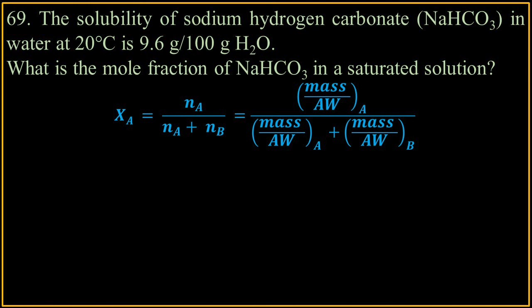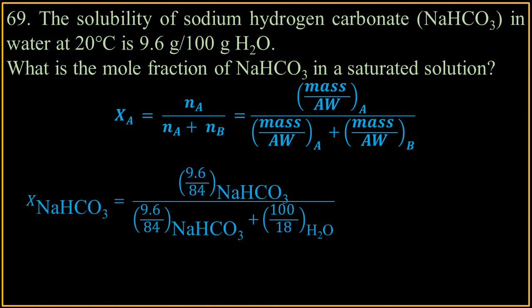Well, there's the equation for mole fraction, and we're assuming therefore that Xa is going to be the sodium bicarbonate, sodium hydrogen carbonate, same thing, and now we're going to plug in the values that are given to us. 9.6 because that's the mass, and 100 grams for water, and then we simply plug in and calculate.